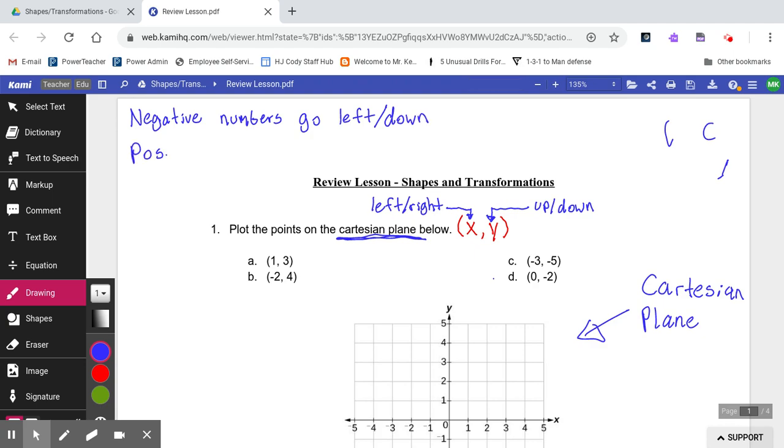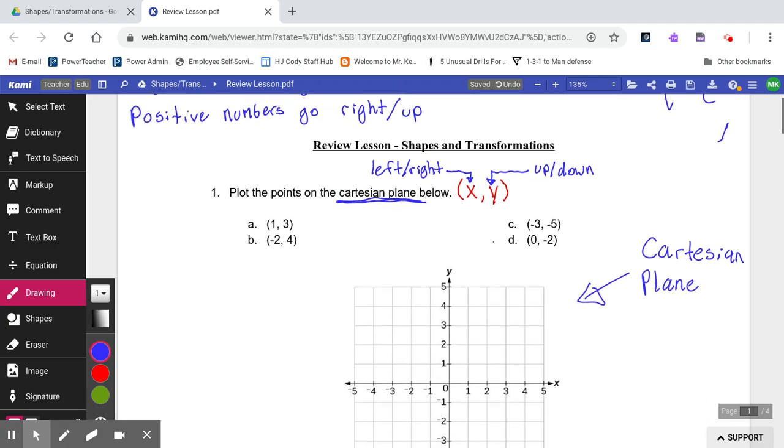Positive numbers go right and up. Wonderful. So let's try plotting some points.